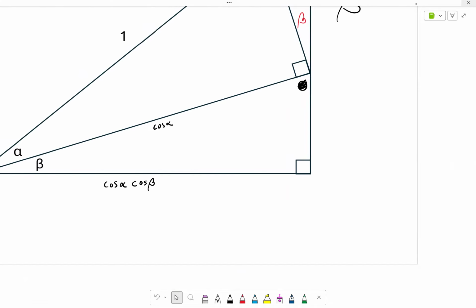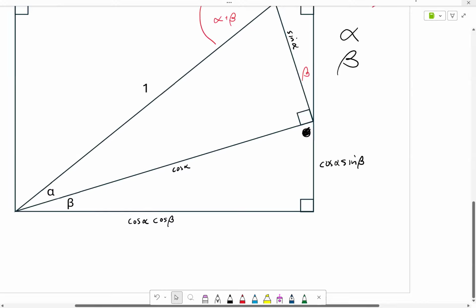Opposite is the hypotenuse times sine beta, cosine alpha times sine beta.